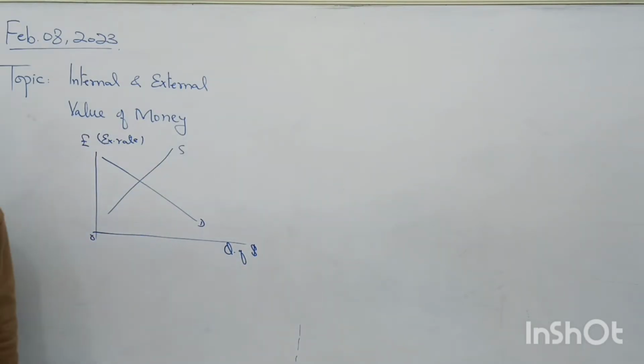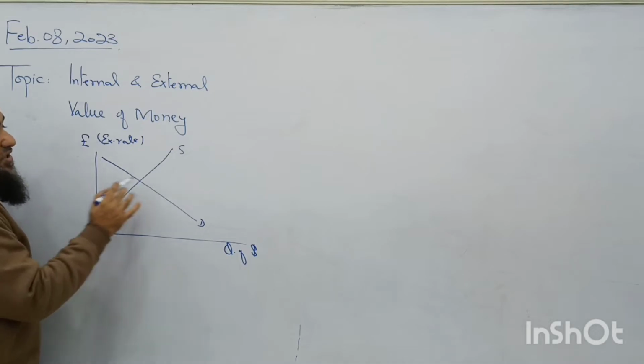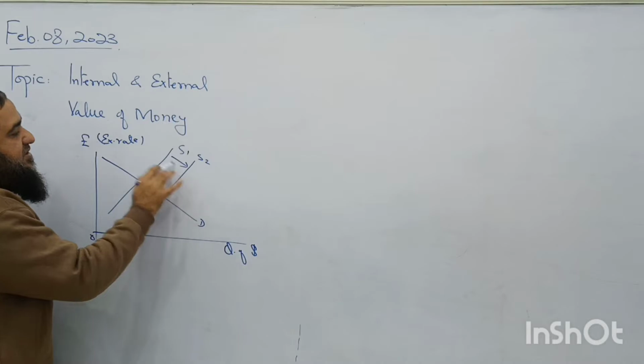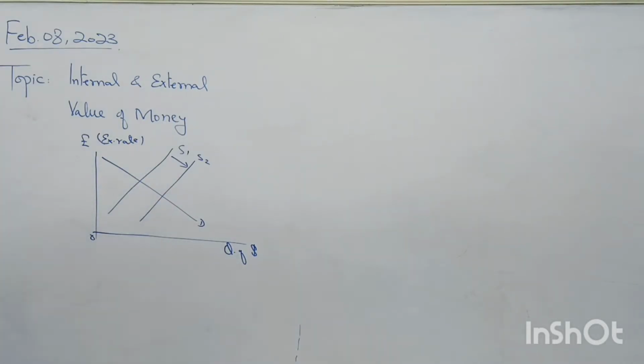So when American people are suffering from inflation, Americans will switch over to buy the goods from England. As a result, the supply of dollars in the international market will increase, when American people, US residents, are spending more money to buy the imported goods.